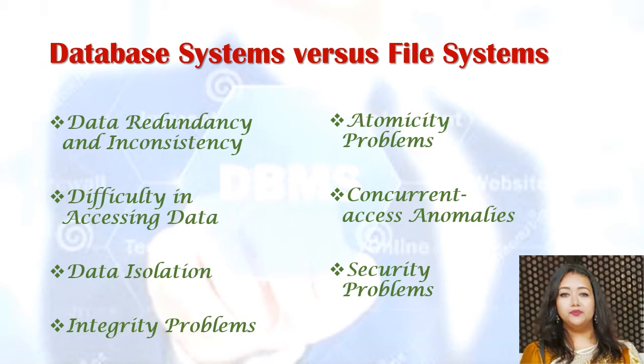Consider a program to transfer rupees 500 from account A to account B. If a system failure occurs during the execution of the program, it is possible that rupees 500 was removed from account A but was not credited to account B, resulting in an inconsistent database state.